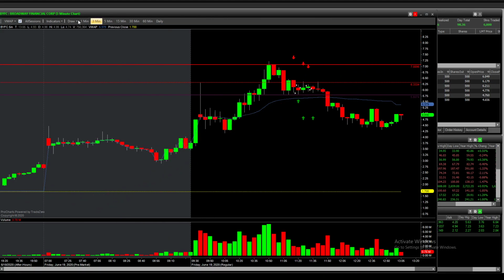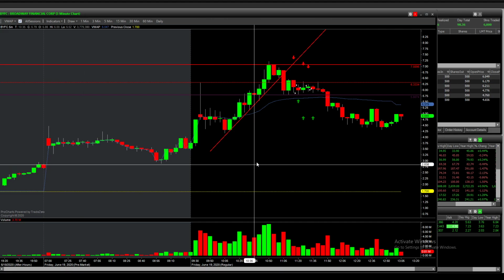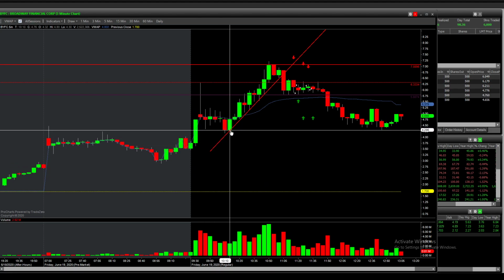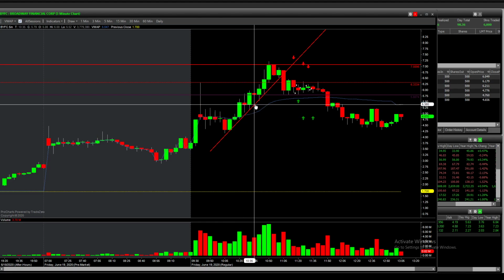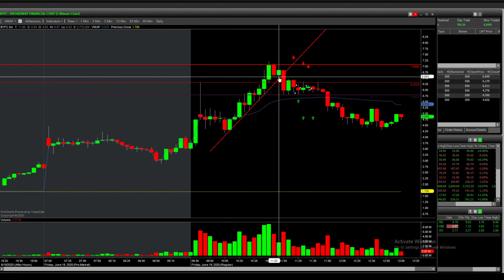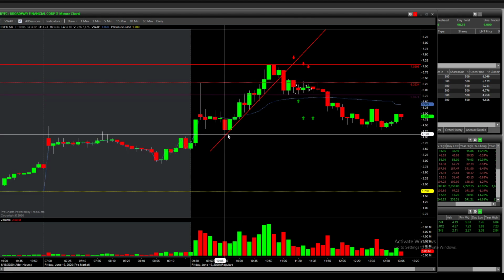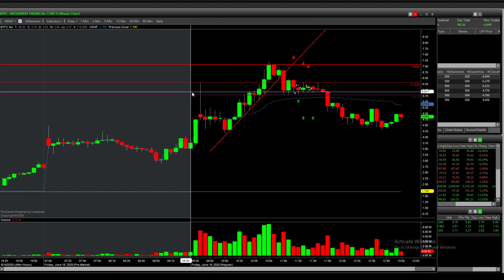You know what, let me put a red line. With this trend line, what you can see is each time it touched this trend line, this thing bounced back. So 1, 2, 3, 4, 5, 6, 7, and 8 times. This thing touched this red trend line 8 times and bounced back up.